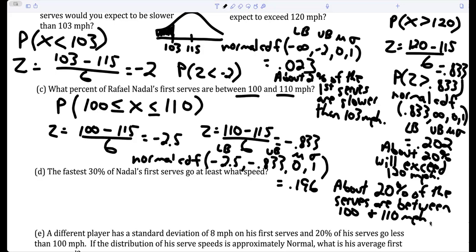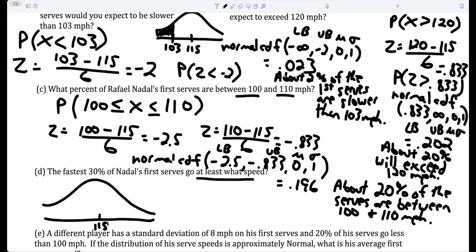Okay, well, here we're going to work backwards a little bit. It says the fastest 30% of Nadal's first serves go at least what speed? So let me draw a little normal distribution. The mean is at 115.